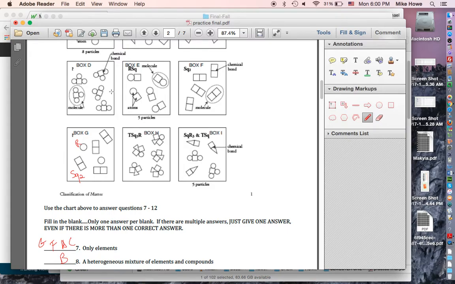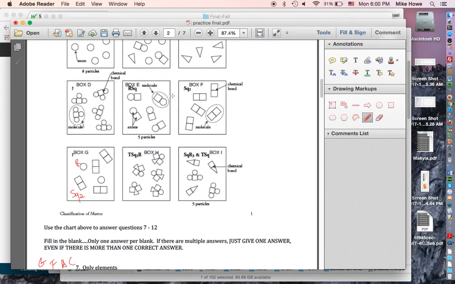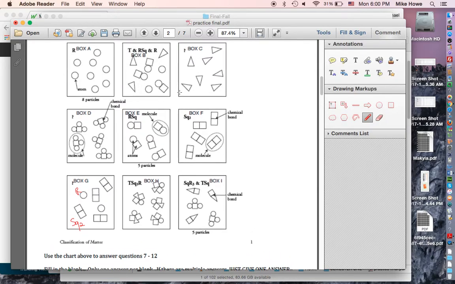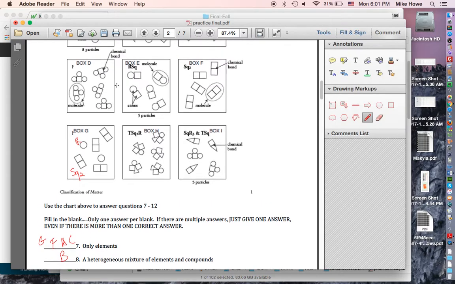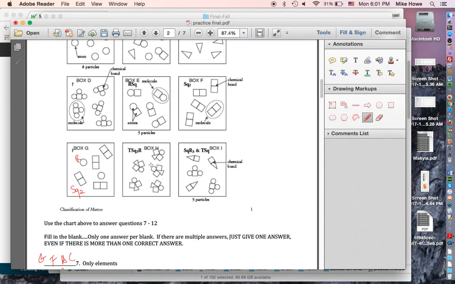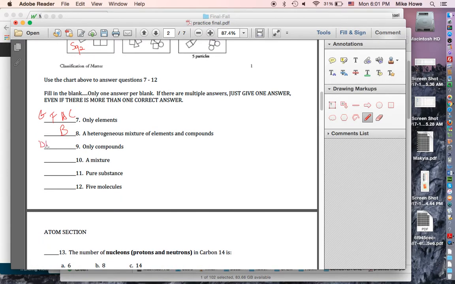Box D works. F doesn't work because to be a compound you have to have different elements, and these are the same element. It looks like A, B, or C doesn't work if we're talking about only compounds. So what did we say they were? D, E, H, I. And once again, you're not going to have to write down all the answers. I'm just putting them down so you'll know.